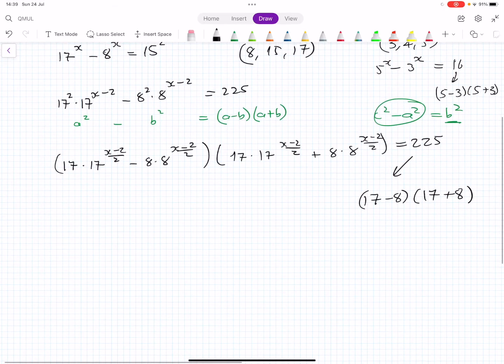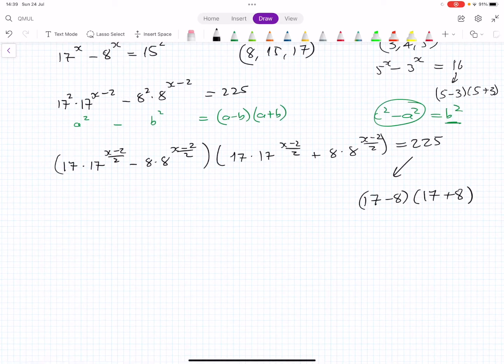So this seems easier to solve now, because you have 17 there, minus 8 there, 17 there, minus 8 there. Similarly, we have 17 plus 8, 17 plus 8. So it's easier to compare the left-hand side with the right-hand side.